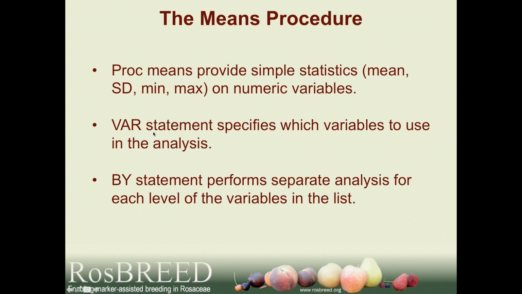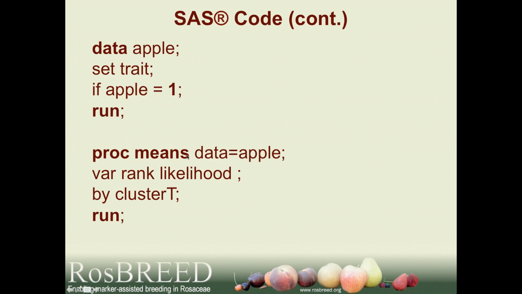The var statement in the proc means specifies which variables to use in the analysis. The by statement performs separate analysis for each level of the variables in the list. Here, this proc means gives us the summary of statistics of variables rank and likelihood for each cluster.